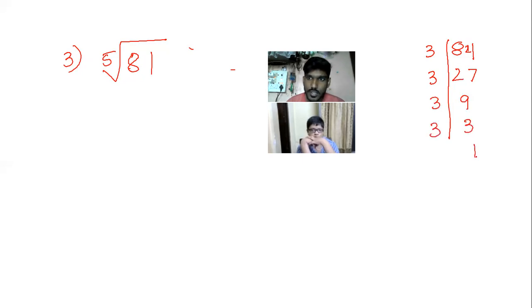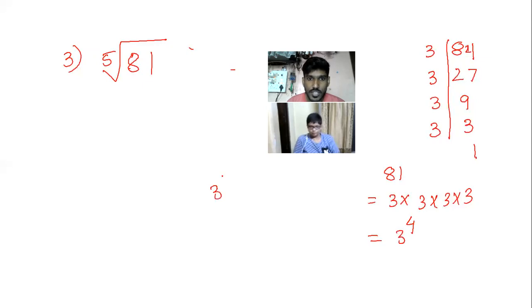And 3 ones are 3. So that means 81 is equal to 3 into 3 into 3 into 3. That means this is 3 raised to 4. So you can say 3 raised to 4 is 81 and fourth root of 81 is 3. Correct? But here what is it?